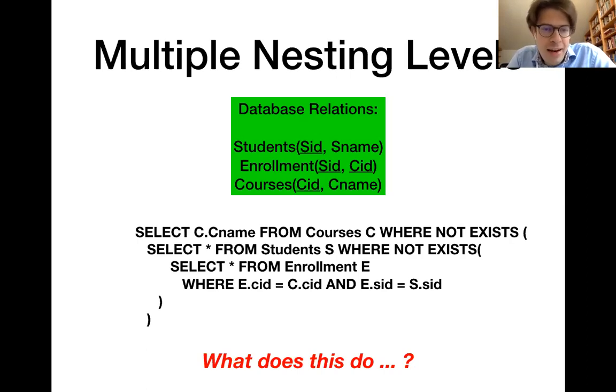Now, can anyone tell me what the result of this select star from students and so on is going to be? So we have fixed the course, and now we have this query: select star from students S, where not exists select star from enrollment E, where course ID matches and student ID matches.